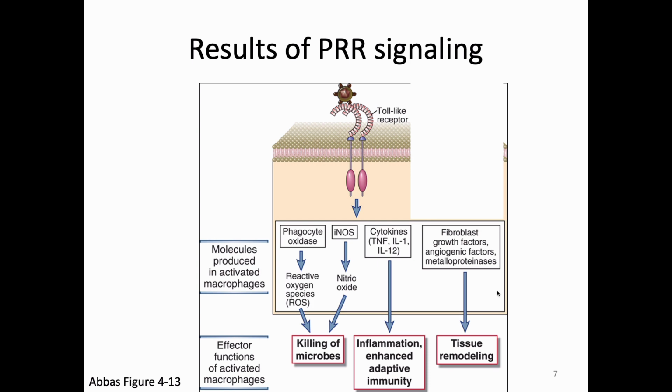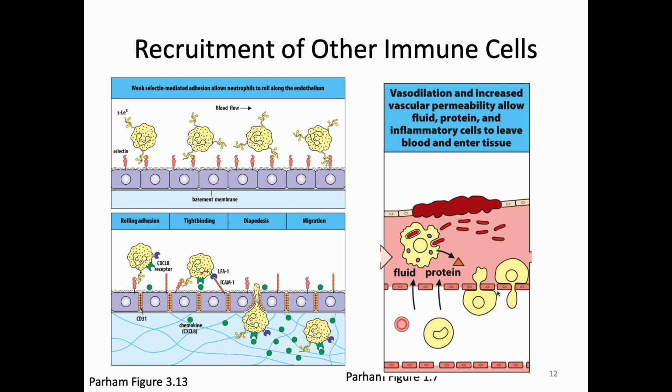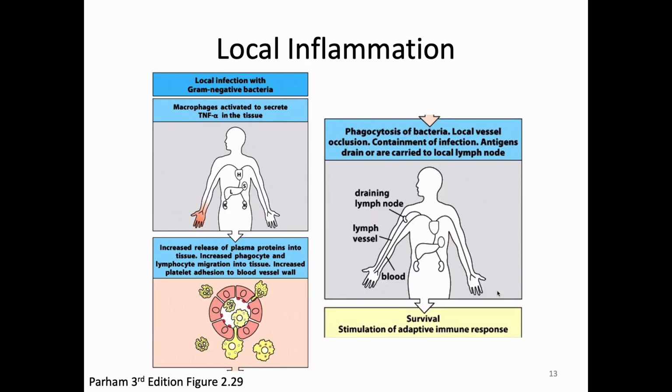So we were talking about local inflammation, which can happen in the case of microbial infection and MAMPs, or in sterile inflammation with DAMPs. But there are some changes out to other parts of your body that will happen when you start to make inflammation in a location like your hand.